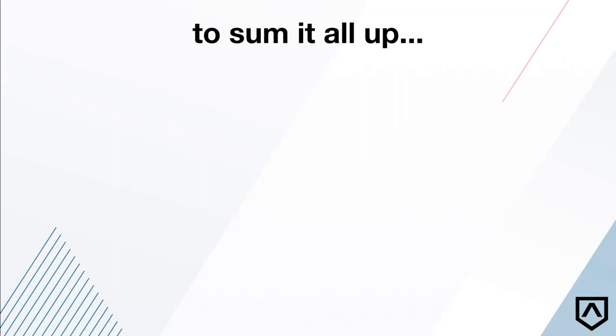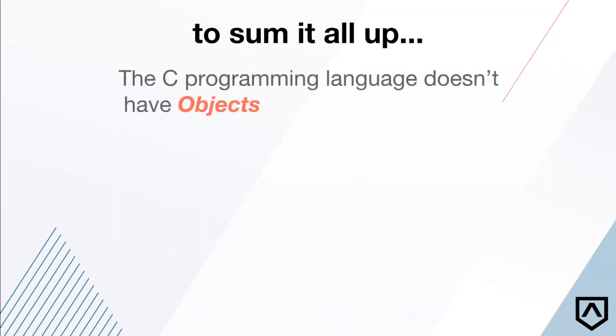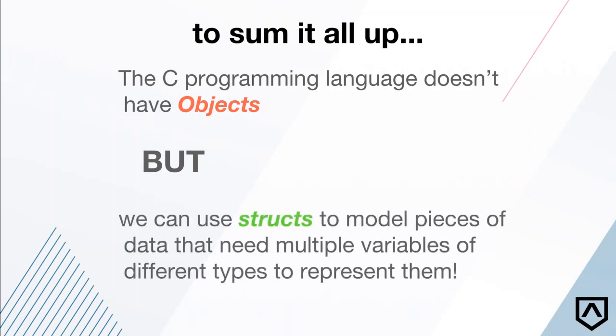So to sum everything up, unfortunately, very sadly, the C programming language doesn't support objects in the way that you might be used to languages like JavaScript or Python supporting objects. However, we can achieve some of the same functionality by using structs to model pieces of data that are more complex.